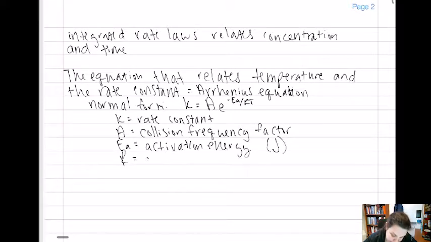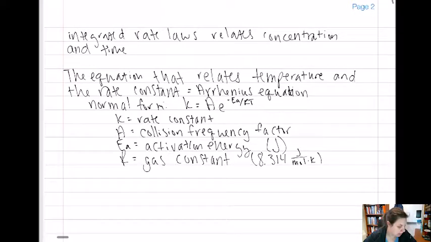R is our gas constant, but we want the one that has energy in it, so it is 8.314 joules per mole times Kelvin. And then we have our temperature, which is in Kelvin. Make sure you put these variables in these units.